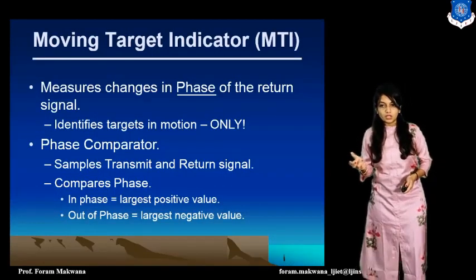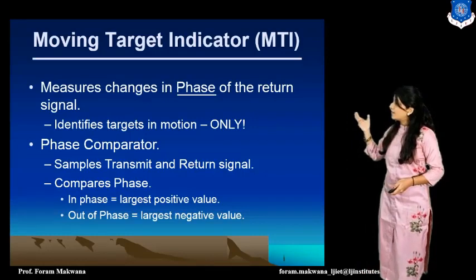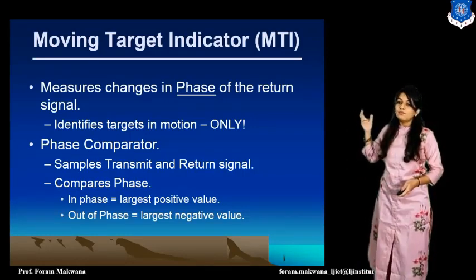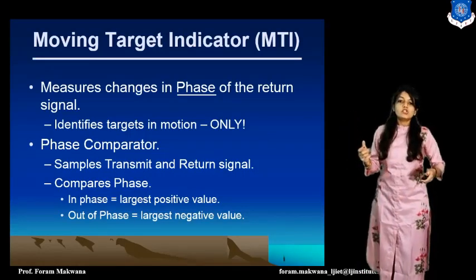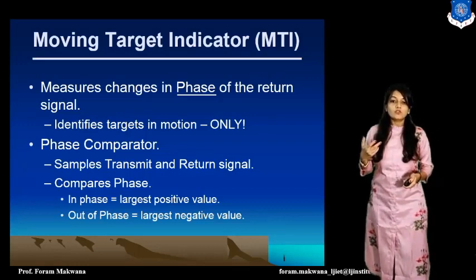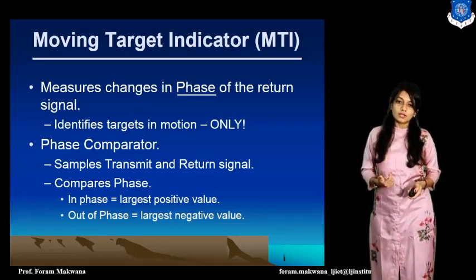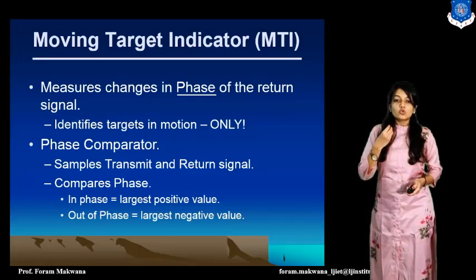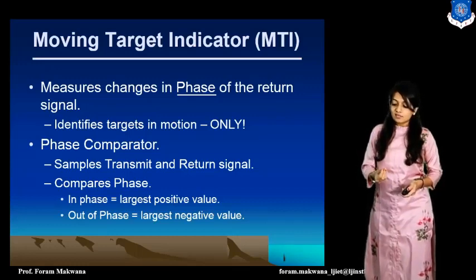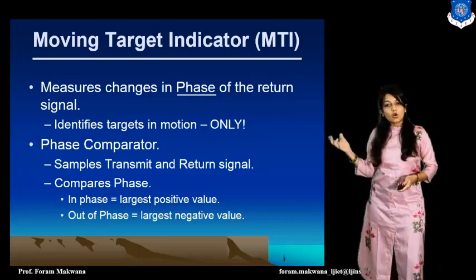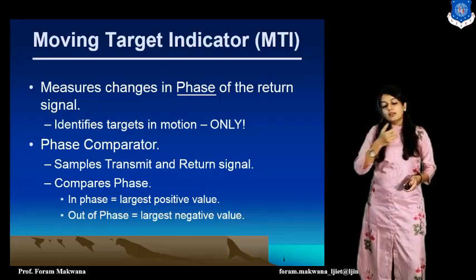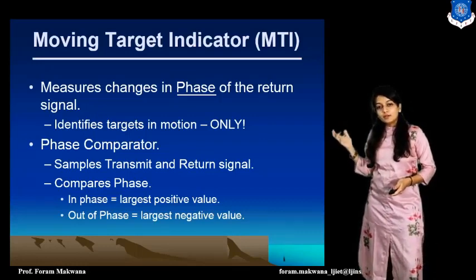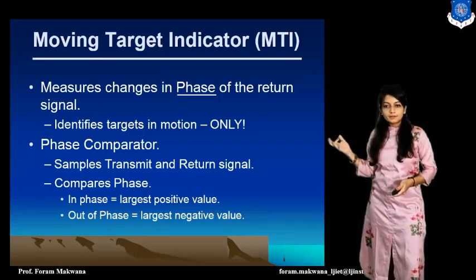First of all, the moving target indicator measures the change in the phase of the echo signal, right? So it basically determines whether my target is moving or not. What is the function of the phase comparator?